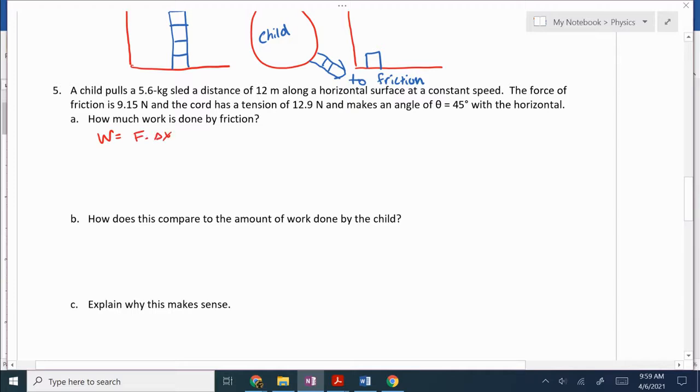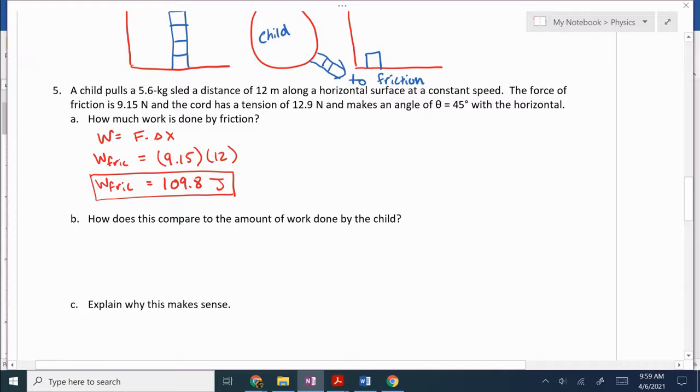So work due to friction is the force of friction, 9.15 newtons, times the distance you pull, 12 meters. That would be 109.8 joules. Not too hard there.